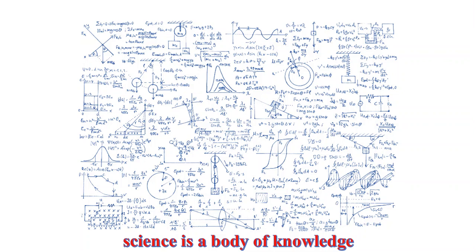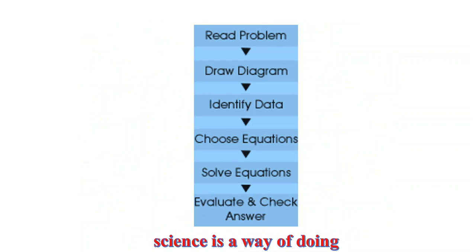There are actual rules and laws that have been discovered over the centuries that we can teach to them. Science is a way of doing things, of investigating and trying to verify your observations, to explain them. Literally, this is how we should try to solve our problems.